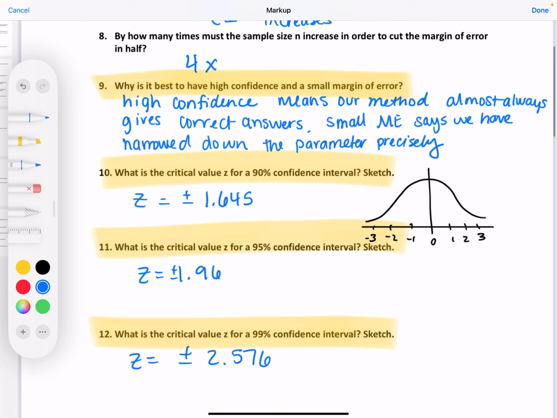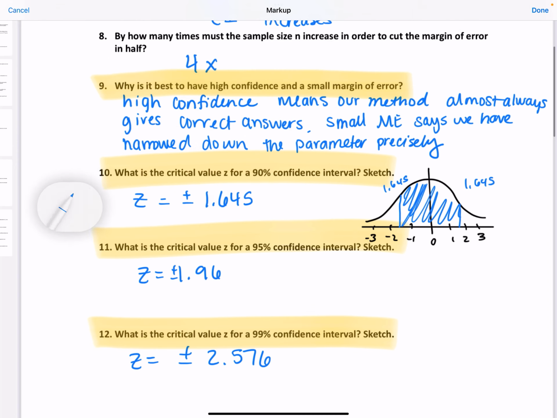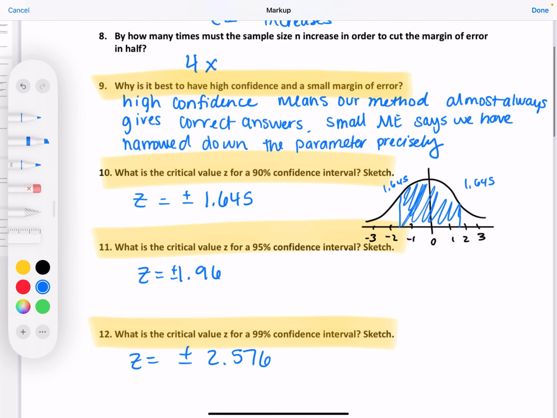So at 1.645 away in both directions, this area in here is for the 90%. So 90% of the data is going to be in that range.